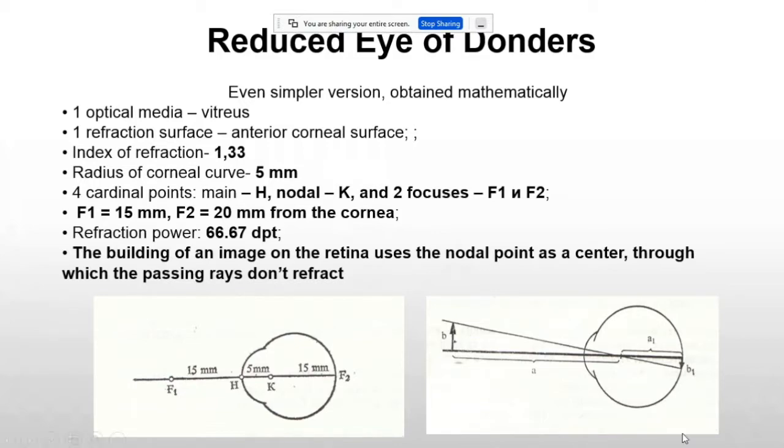You see how easily a retinal image is built using this schematic model, because it uses one nodal point as a center through which the passing rays don't refract. So you can easily build a model.